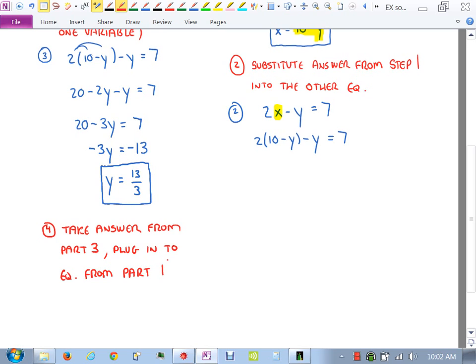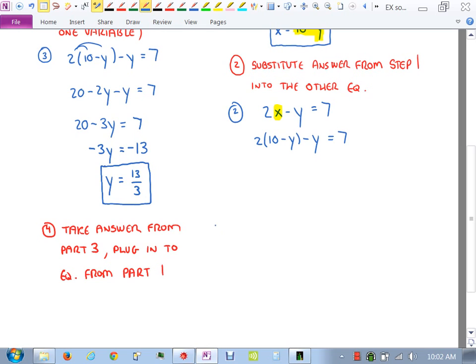And you might be asking yourself, well, why isn't he just saying plug y in? Because every problem is going to be different. You might solve for y instead of x. And so I have to try and make the steps as general as possible. So I'm going to take the answer we just got, and I'm going to plug it into what we had up there in that equation from part 1.